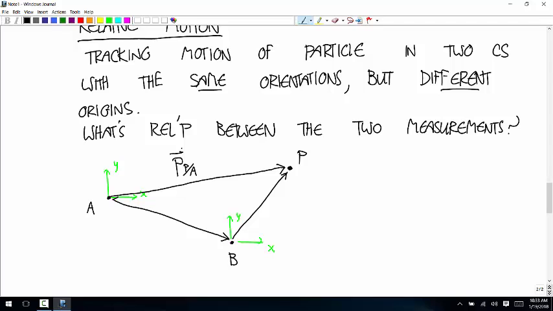The denominator of the fraction is what you're using to observe it. This vector is the position of P as seen by coordinate system B. And this one is the position of B according to coordinate system A.